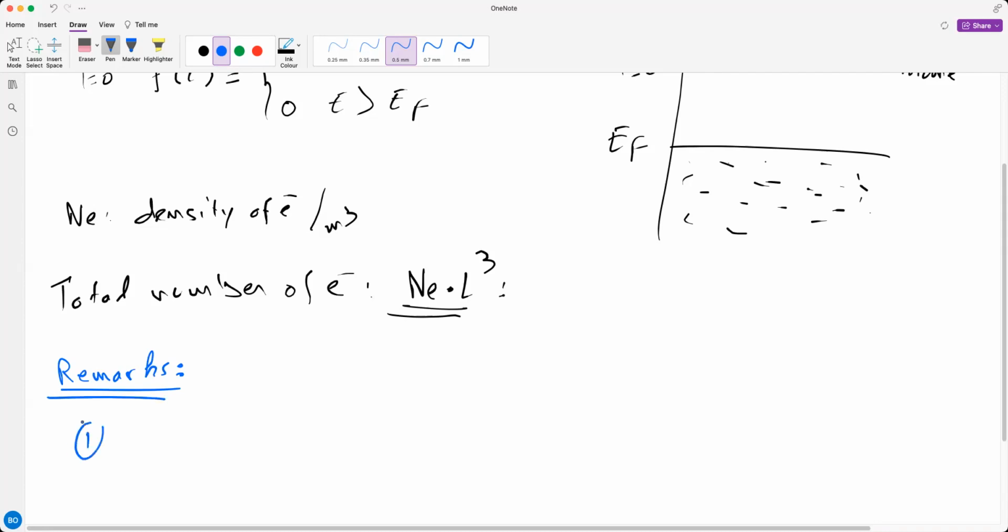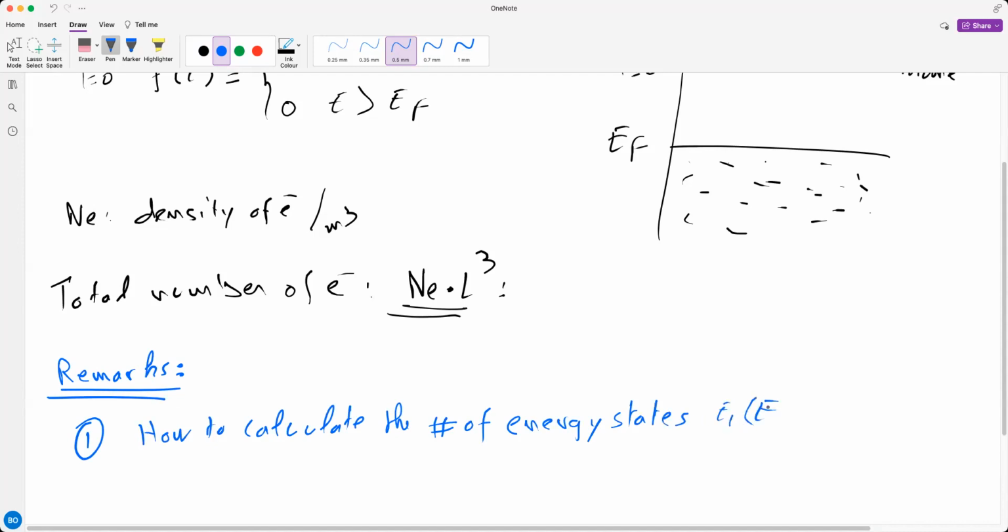The first one, and this is a question for you: how do you calculate the number of energy states, let's say, for example, between E1 and E2? Any answer?